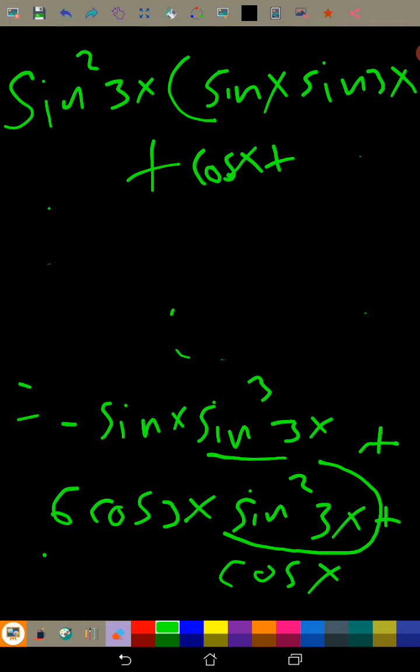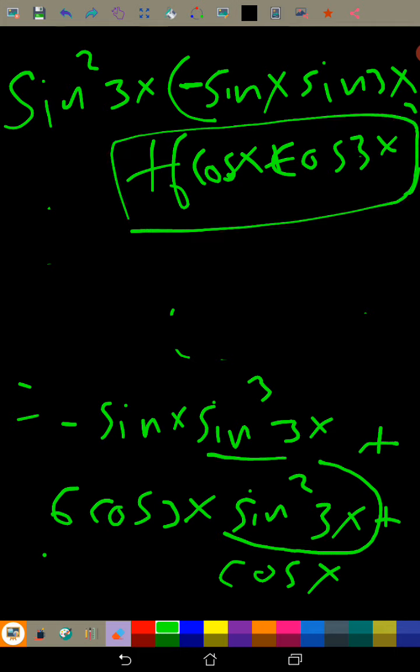We should not have this. So I think we have 6 here, and we have cos 3x here, and we close the bracket. Let's see here. So sine 3x is outside. We have sine x. There was a sign minus here. It's still minus. Plus, the only thing is that I missed a 3 somewhere.